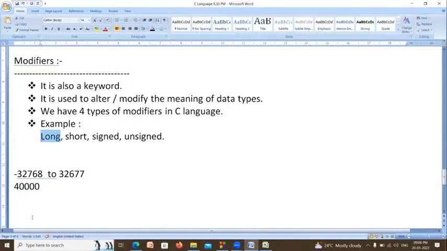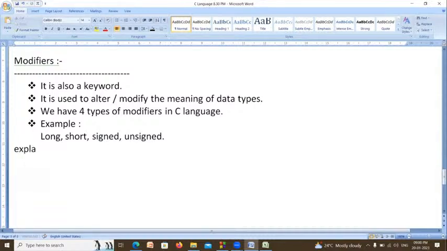If you want to decrease the size of integer, then you have to use short integer. If you want to store negative numbers in an integer, then you have to use signed integers. Sign means negative numbers, it has a minus sign. If you want to store only positive numbers, then you have to use unsigned integers. So these 4 are the modifiers available in C language.